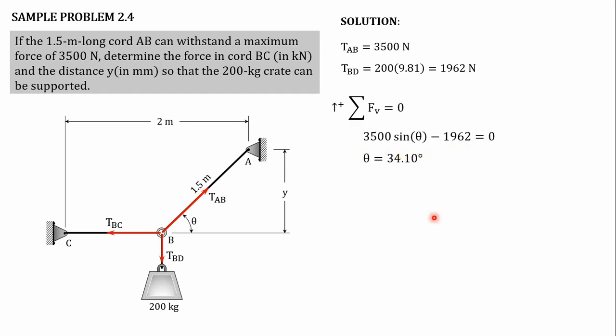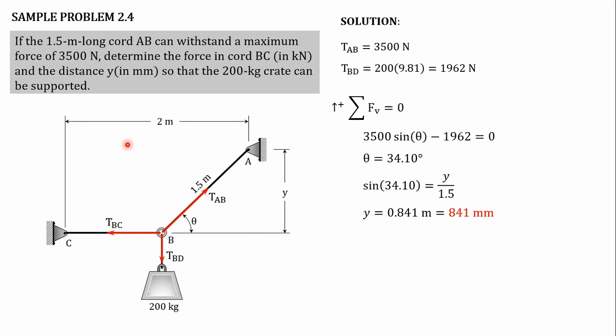Then using sin 34.10 degrees equal to Y divided by 1.5, Y is equal to 0.841 meter, or equivalent to 841 mm. So that is our answer.